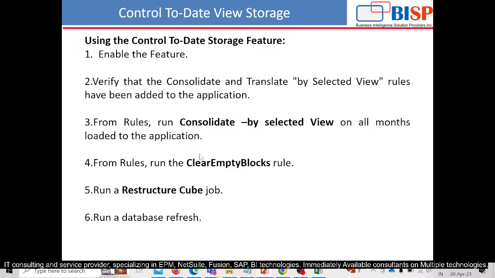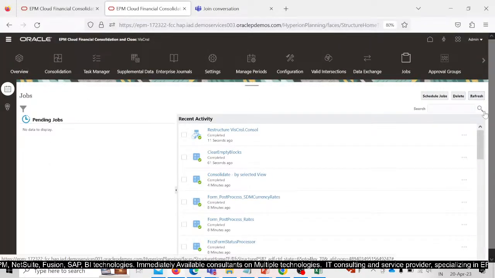So if you see, we have run the rule of consolidation by selected view, then the rule clear empty blocks, and we ran the restructure cube job. Now the final thing is we have to refresh the database.